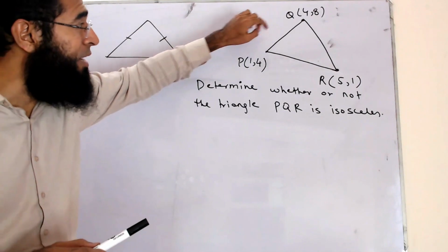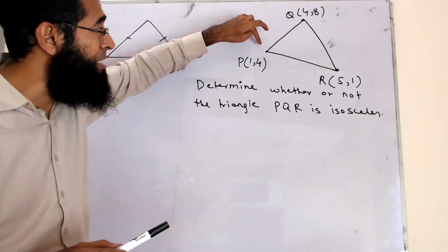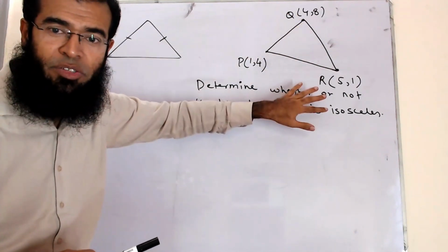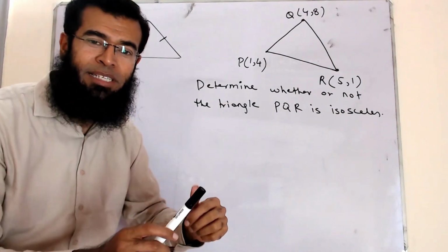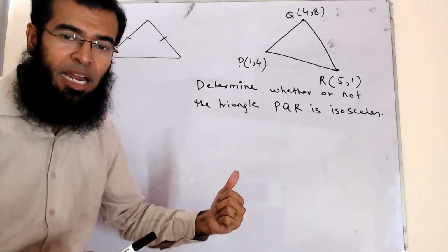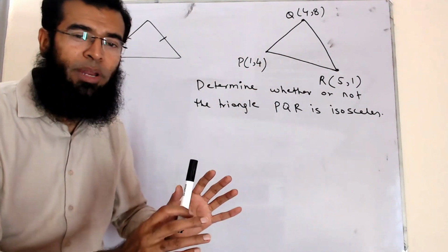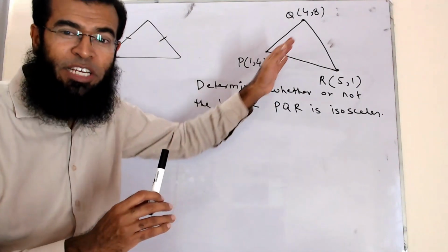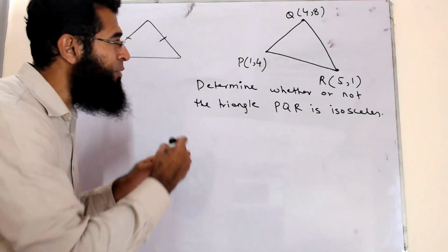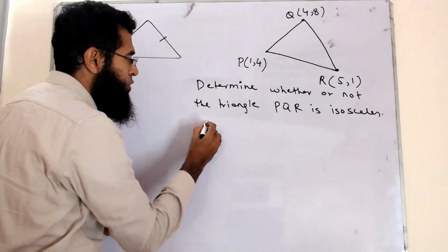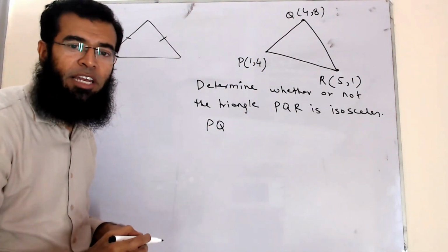We are given the coordinates of all the three vertices of this triangle. So what we'll do is apply the distance formula, and calculate the lengths of each of the sides. Let's start with PQ.